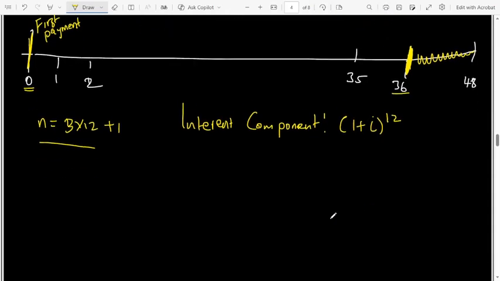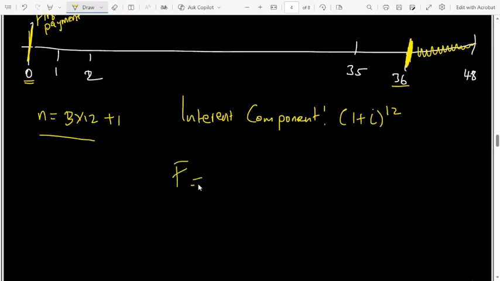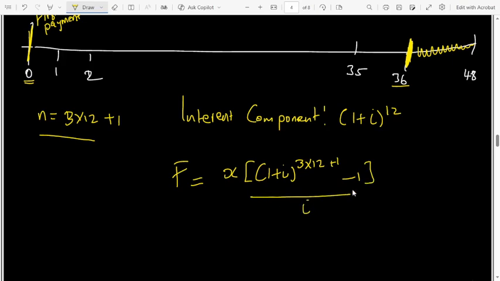So the formula for future value, F is equal to x into 1 plus i to the power 3 times 12 plus 1 minus 1 divided by i. Remember, we need to multiply that by the interest component.